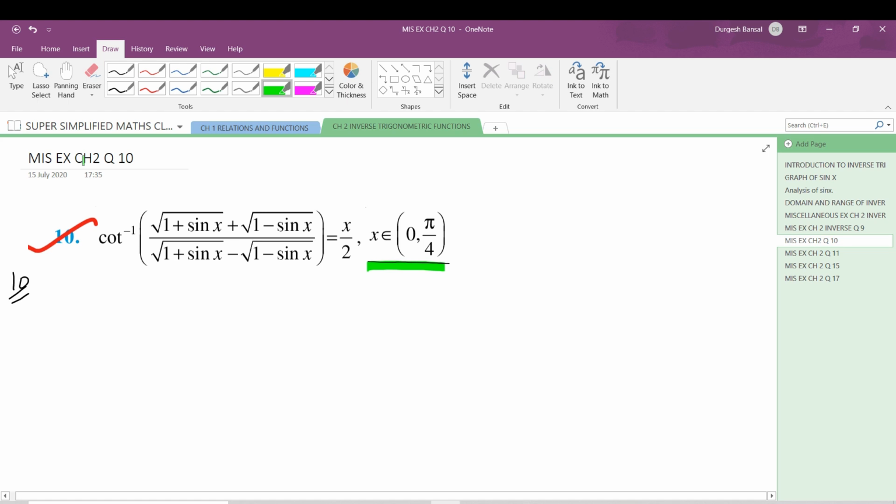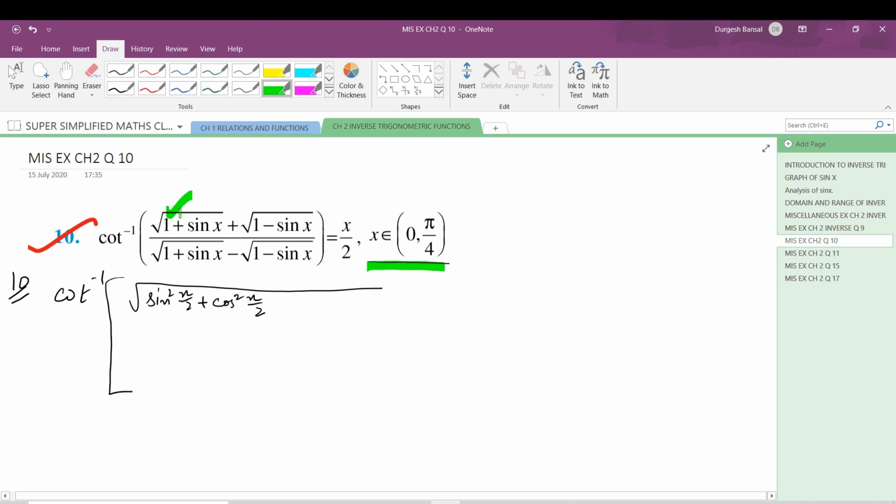First let me start with the question. This is cot inverse. Now see, in 1 plus sin x, can you write 1 as sin square x by 2 plus cos square x by 2? I have written this one.